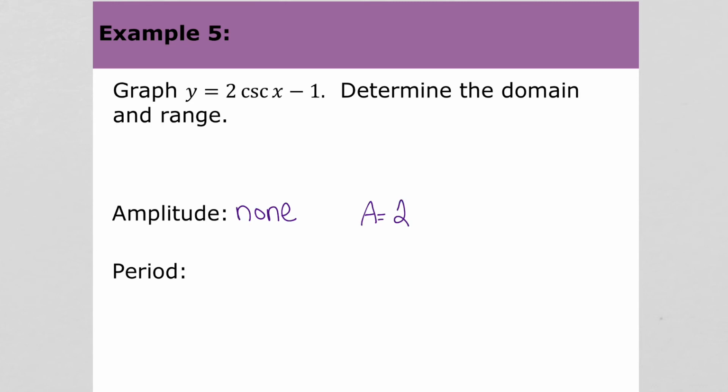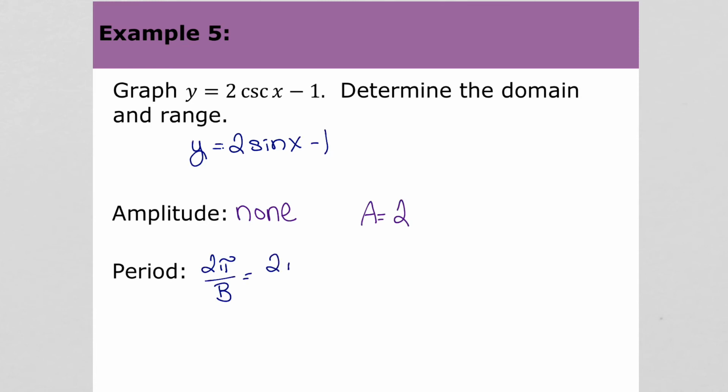So what we're actually doing here is we're going to graph y equals 2 sine of x minus 1, and then we'll use that to flip and make cosecant. So the period is 2 pi over b, just like with sine.